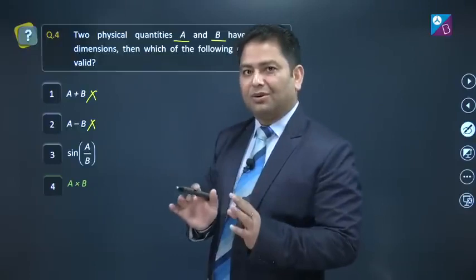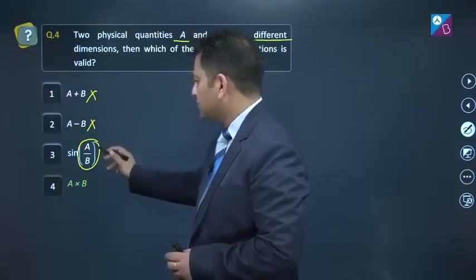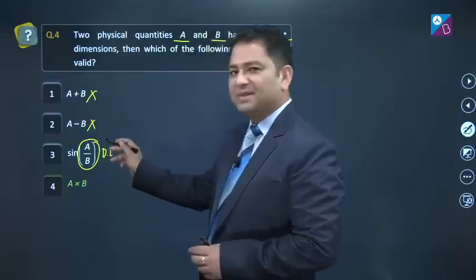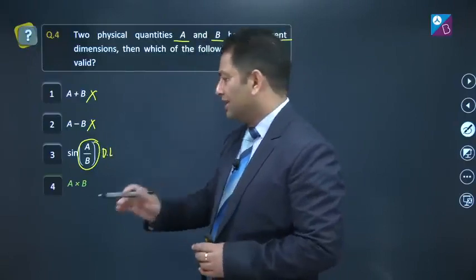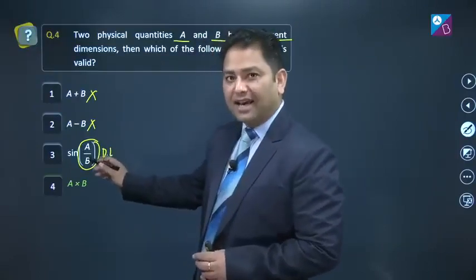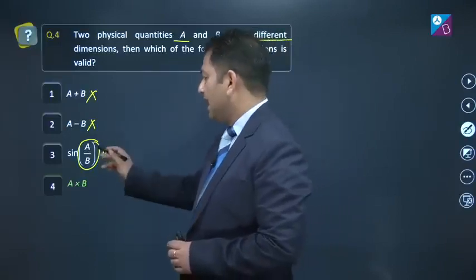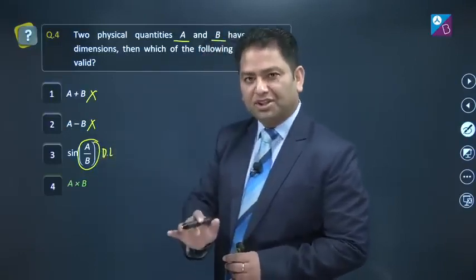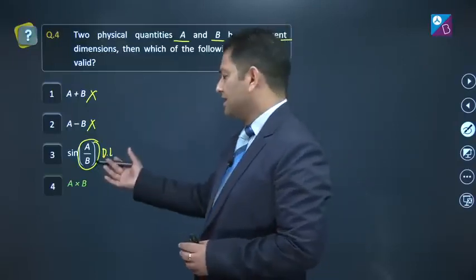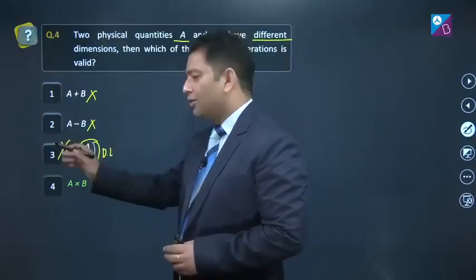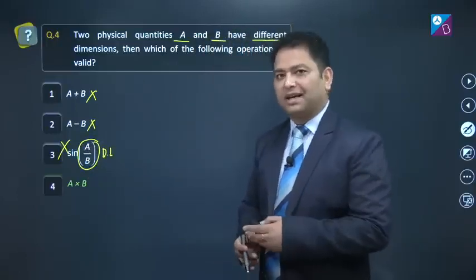Division is allowed, but when it comes to the angle of sign, then it has to be dimensionless. Now, this is made very, very trickily. Division is allowed, but then what comes inside sine is angle, and angle has to be dimensionless. Because A and B have different dimension, so A by B will not be dimensionless. और अगर dimensionless नहीं है, तो ये operation allowed नहीं है. So remains multiplication, of course, you can do that.